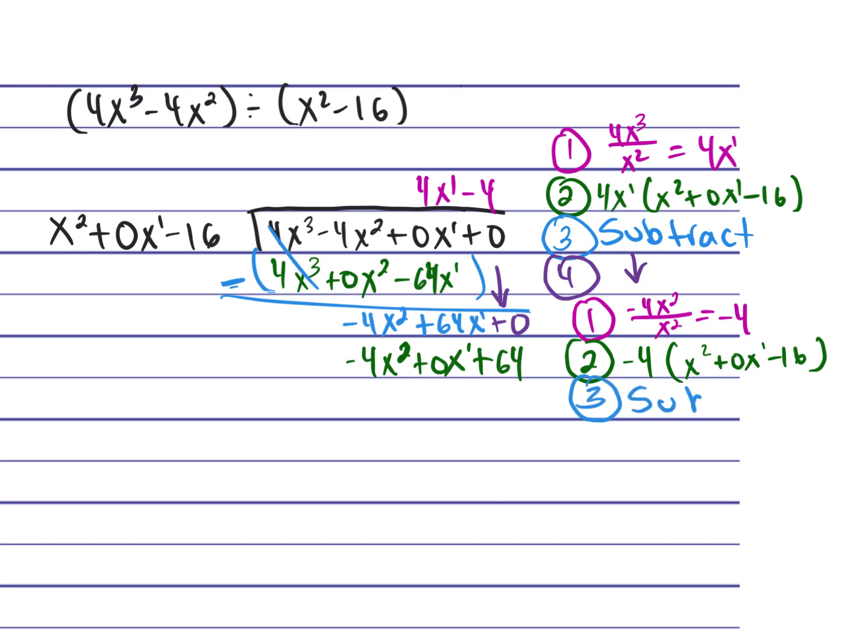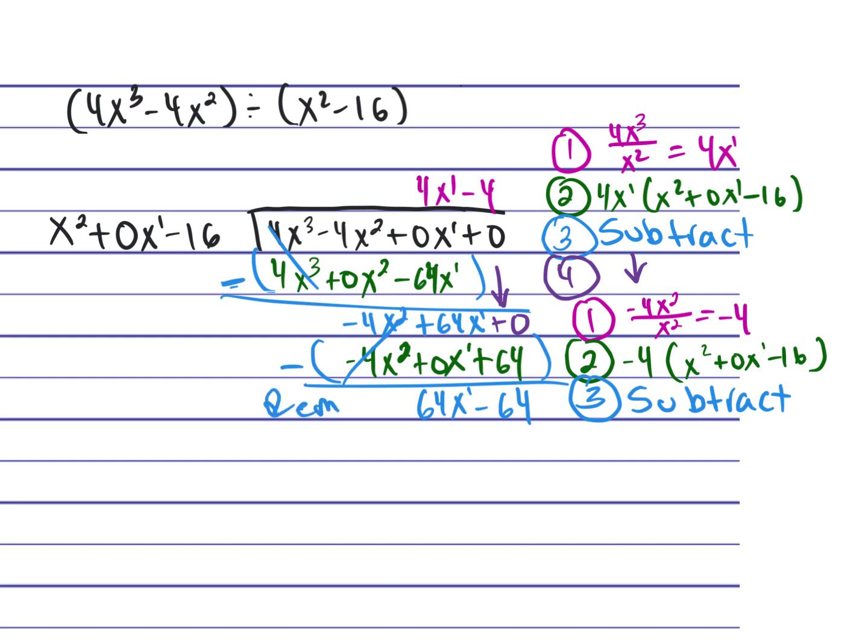Now I can subtract. When I subtract, these cancel out because they're the same. 64 minus 0 is just 64. But 0 minus 64 is negative 64. There's nothing for me to bring down. That tells me I'm done.